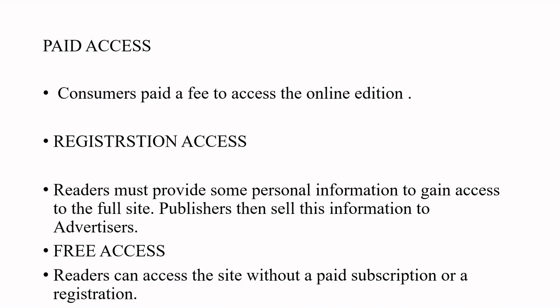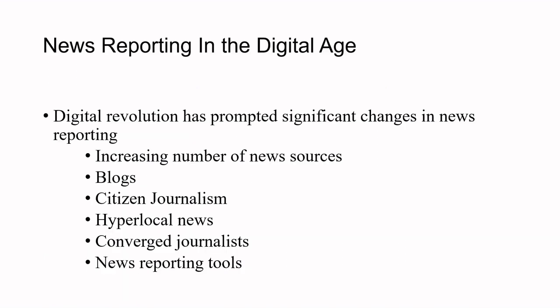Registration access is where they ask for some personal information. It will be in the form of cookies. They will collect our personal information, and the publisher will sell that information to the advertisers. The third one is very simple, free access, where they won't ask for any registration details, and you need not pay any subscription for that.